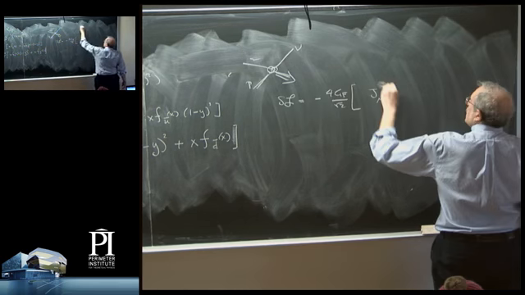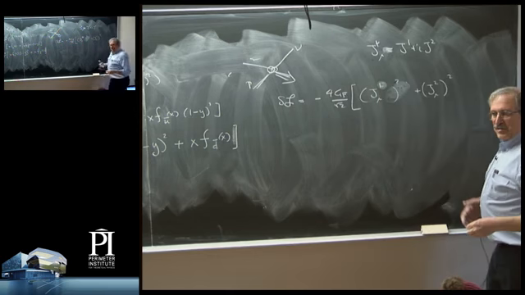So I can write J^mu plus times J^mu minus, where J plus is J1 plus i J2, as J^mu 1 squared plus J^mu 2 squared. And then what you're supposed to do is add J^mu 3 squared.